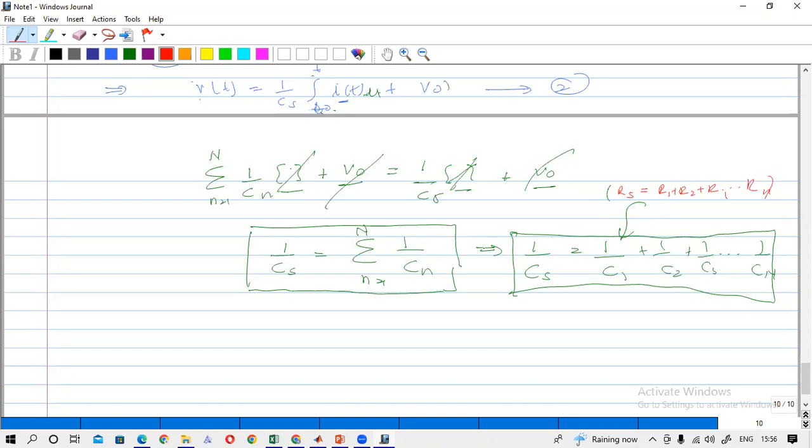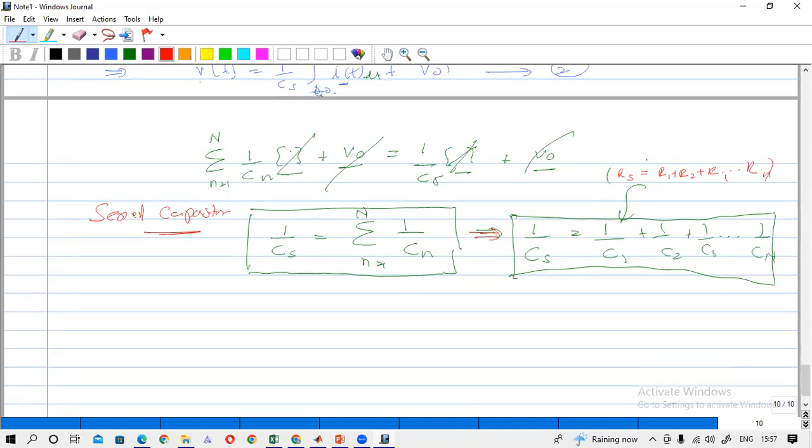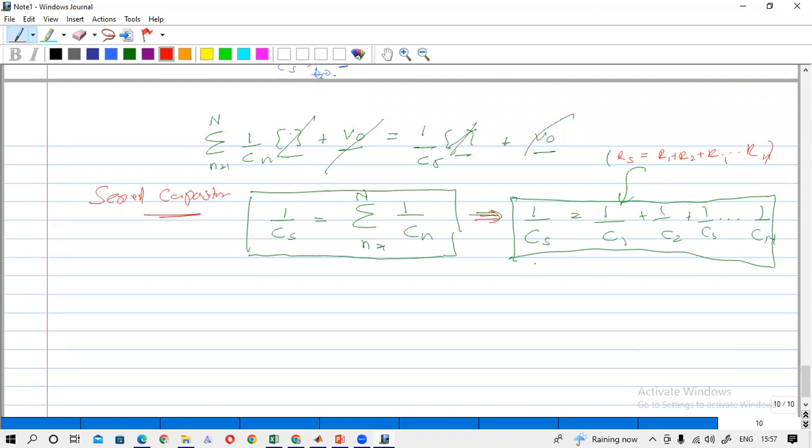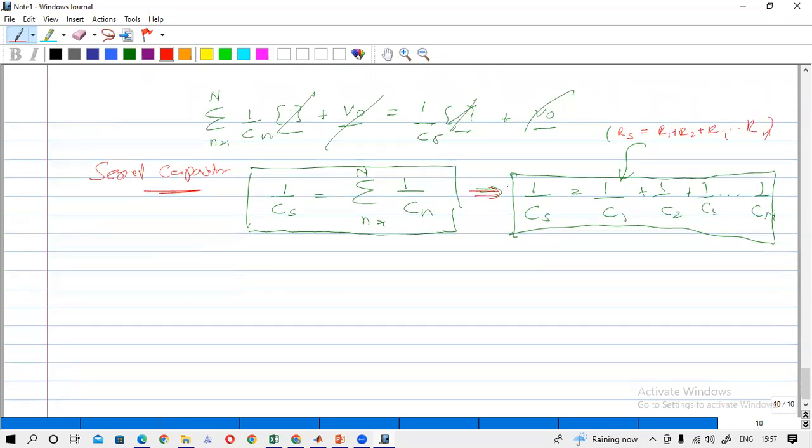But this is for serial capacitors. So you can remember it like this: if you remember the resistor value, you can remember that it is the other way around compared to the resistors. Is this one okay?